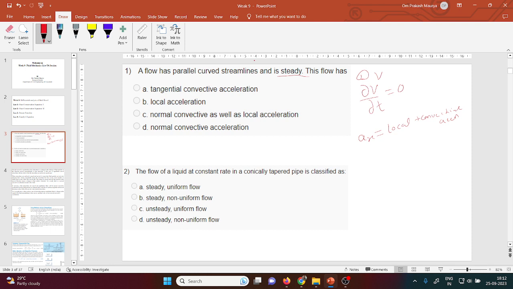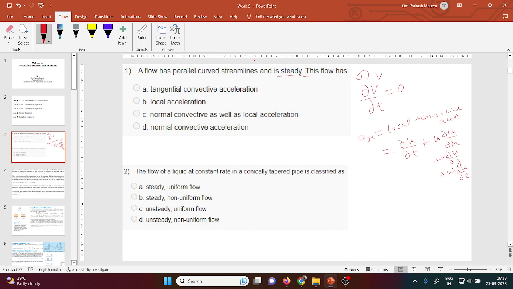So local acceleration is represented by the time derivative, that is, the change in velocity with respect to time, plus the convective terms, which you all know, up to w du by dz. So this is the mathematical definition of acceleration.